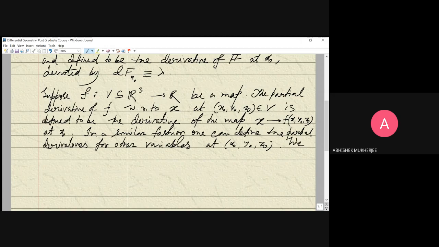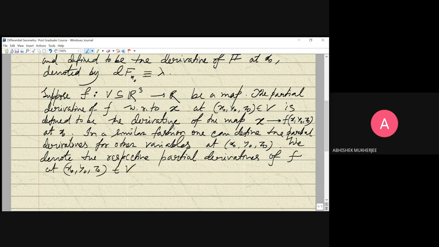And we denote the respective partial derivatives of f at the point x naught, y naught, z naught belonging to V as del f del x at x naught, del f del y at x naught, y naught, z naught, and del f del z at x naught, y naught, z naught.